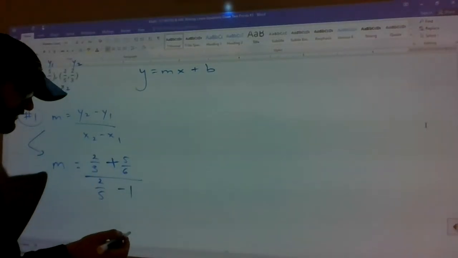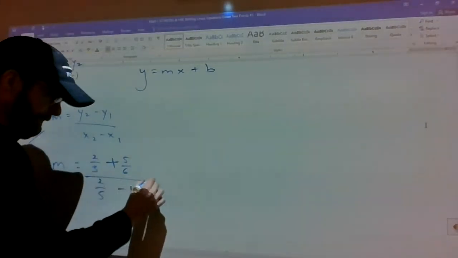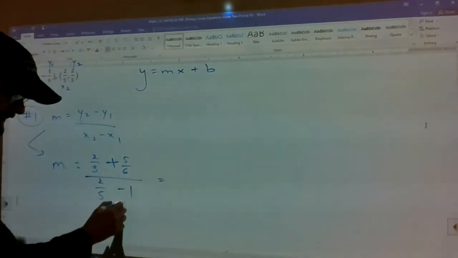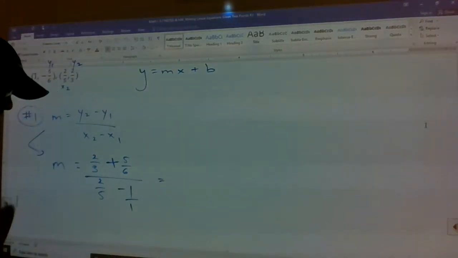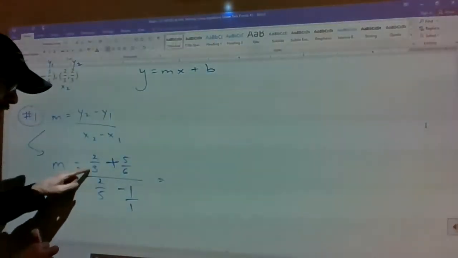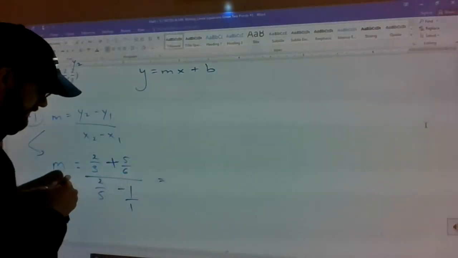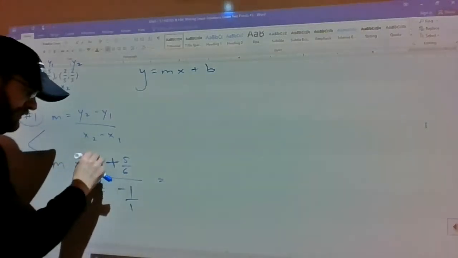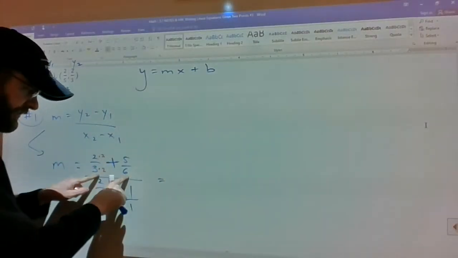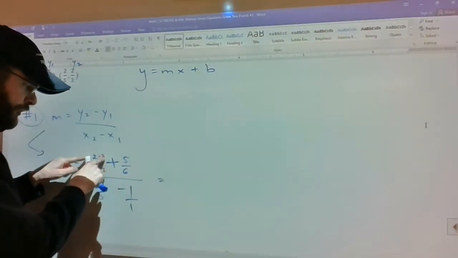What I'm going to do is just find a common denominator for the tops and find a common denominator for the bottoms. So the common denominator on top would be 6, since 3 and 6 both divide into 6. So I can take 3 times 2, 2 times 2.